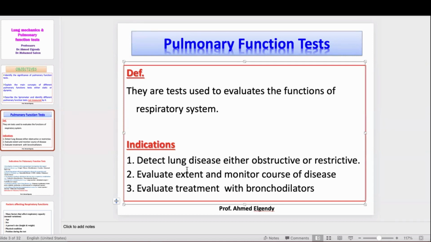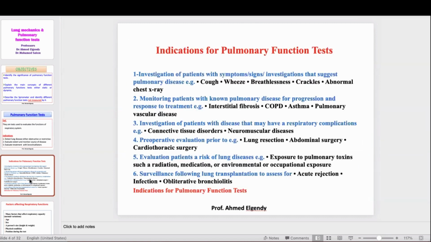To evaluate the extent or monitor the course of the disease, and to evaluate the treatment with bronchodilators. So these are the indications. There are many other indications, but here we are talking about these three. The indications are explained more here.